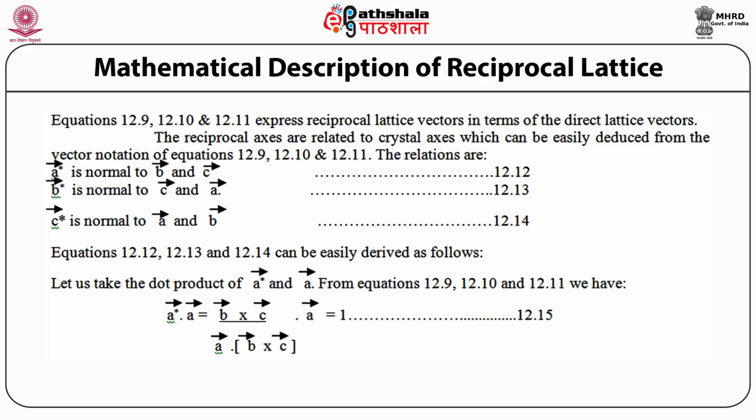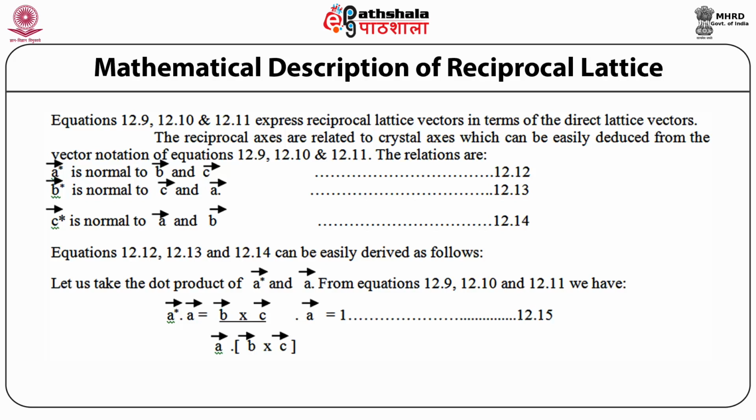The relations are: a* vector is normal to b vector and c vector, given as equation 12.12. b* vector is normal to c vector and a vector, given as equation 12.13. c* vector is normal to a vector and b vector, which is given as equation 12.14.